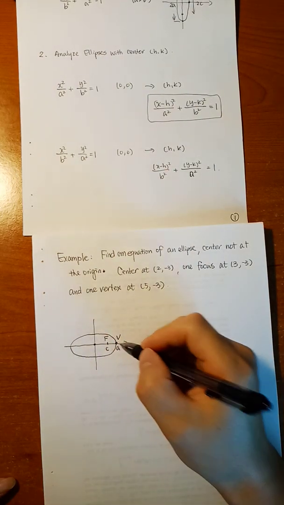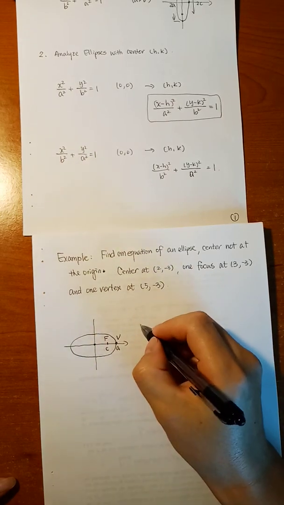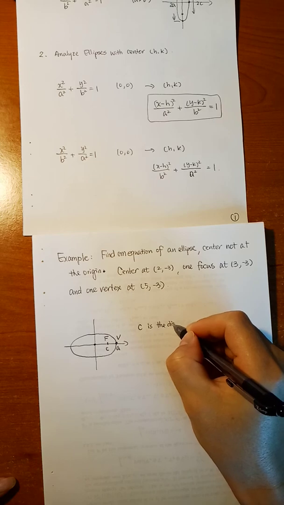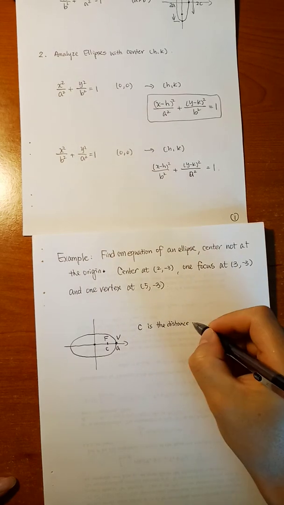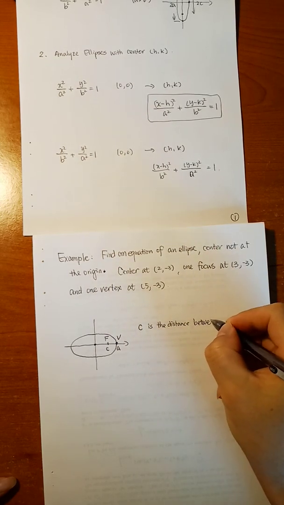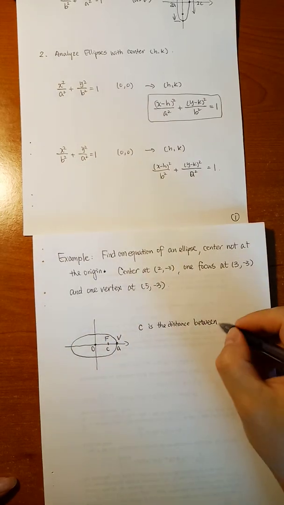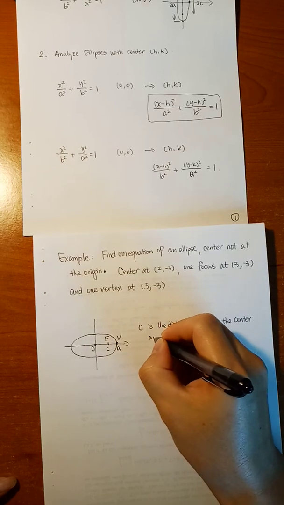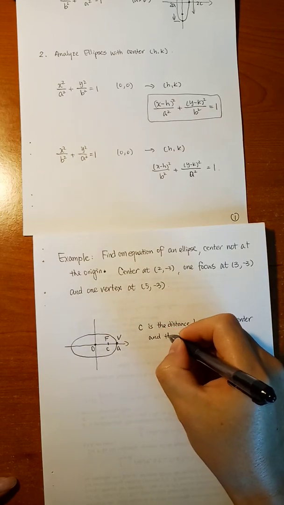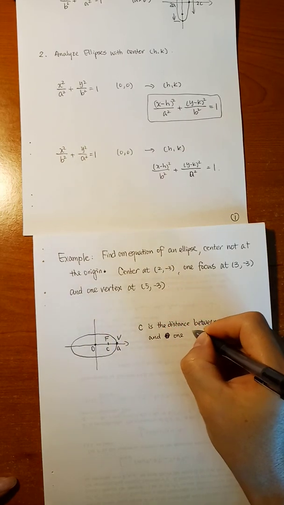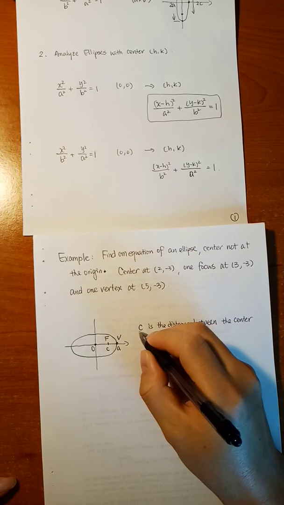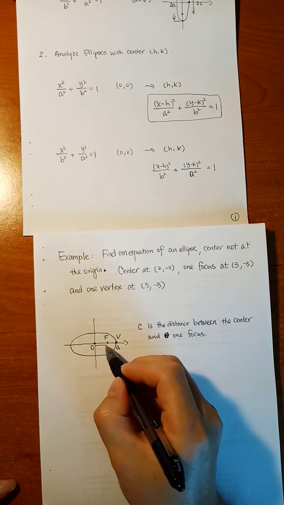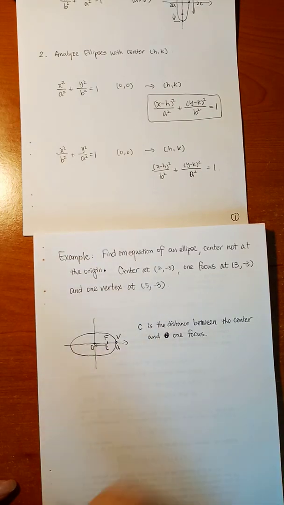And from here we know what is c? c is the distance between the center and one focus. That's a geometric meaning.